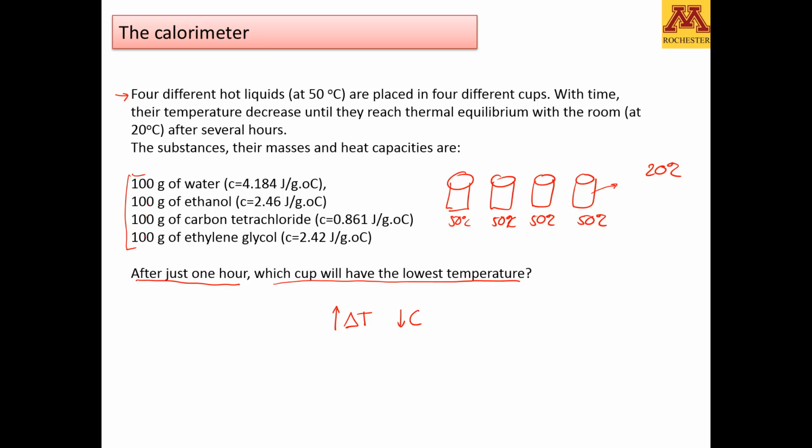So what is the liquid with the lowest heat capacity? In this case, carbon tetrachloride is by far the one with the lowest heat capacity. It will have fewer pockets of energy, if you will. Therefore, it would lose the energy faster. So in this case, the answer is carbon tetrachloride.